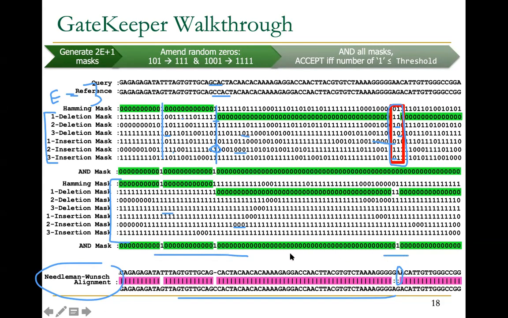It is 3, right? Since it's less than or equal to the threshold, this will be accepted. But if you look at the final solution by sequence alignment, 1, 2, 3, 4 operations. 4 operations exceeds the 3, so these two sequences we said are dissimilar. So it will be accepted by our filter, but rejected by the sequence alignment. That's why we call it a false accept or false positive. And this is why we still need the sequence aligner to be there.